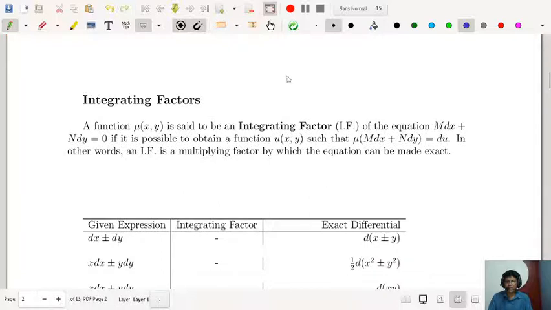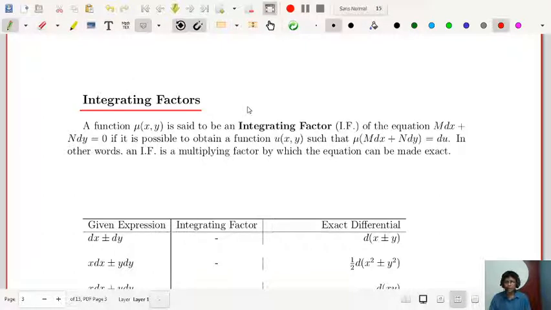Now let me define the integrating factor, because the next question will arise after you understand the exact differential. The next question will be, if the equation is not exact, then what is the way out? Is it not solvable? Yes, it is solvable. Don't worry about that.